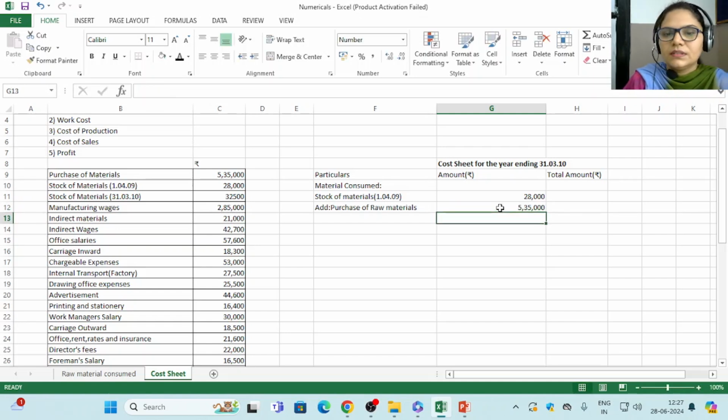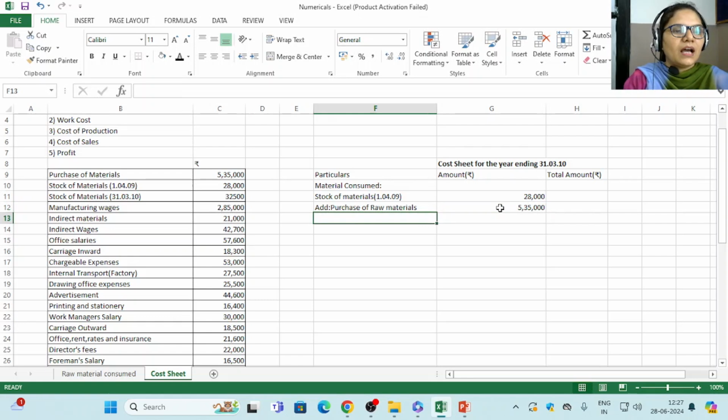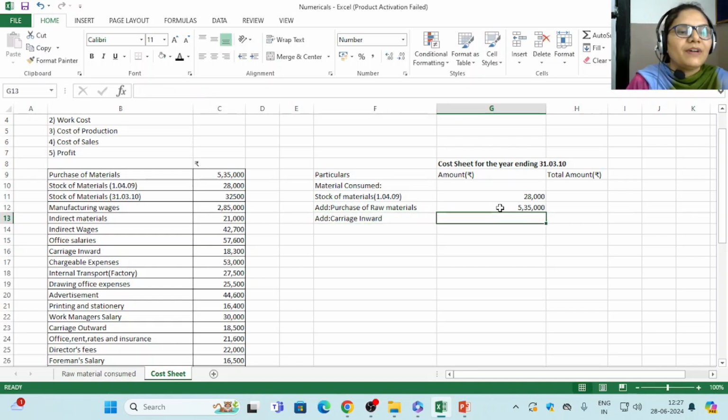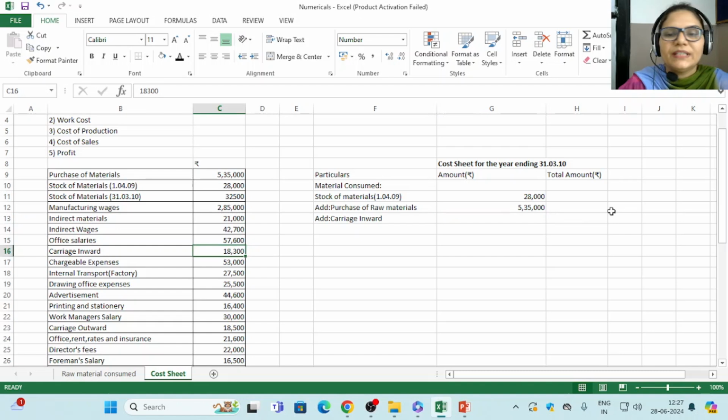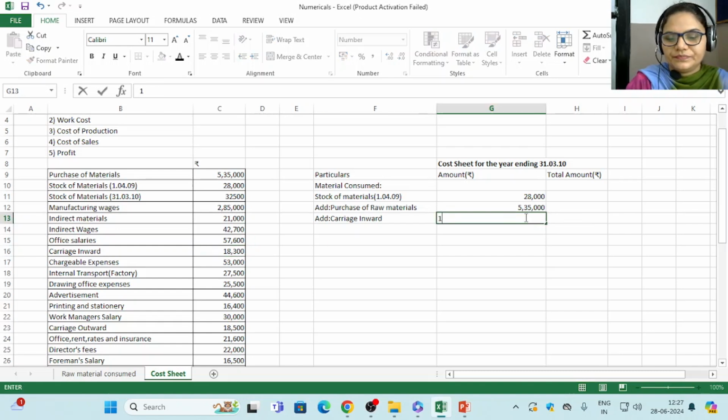Next is add carriage inward. Carriage inward value given over here is rupees 18,300. Just by mistake it has been typed as 60. No problem. It is 18,300.